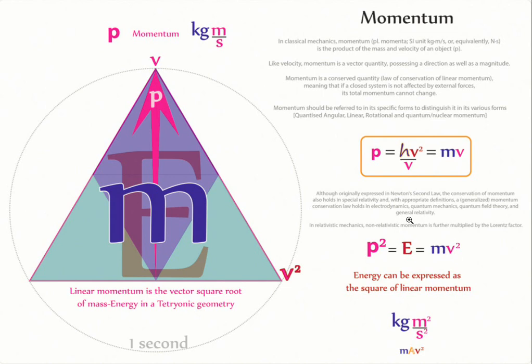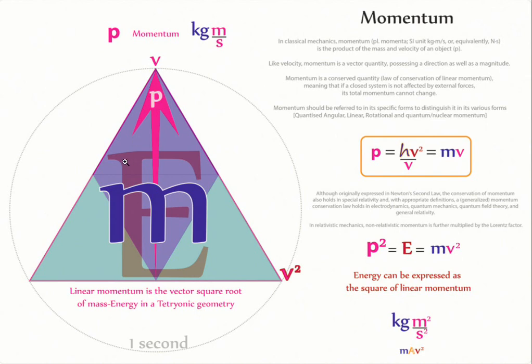As we've discussed, we can obviously express momentum a number of different ways geometrically as we can within the mathematics of physics, but in all cases what we're solving for is the square root of the scalar field. Whether we calculate this as an energy momentum, which is just a square root of the scalar field, or the mass velocity, which is just a measurement of the geometry of the energy field per unit of time, giving us mass and velocity through the relationship of the squared number of energy momenta within that field.